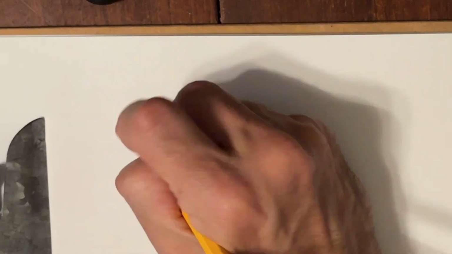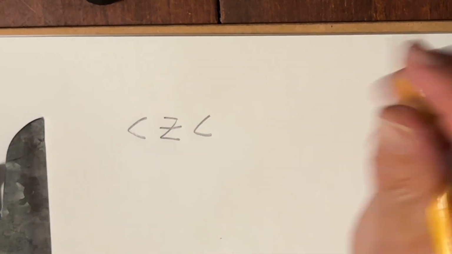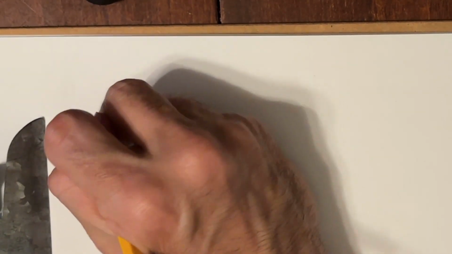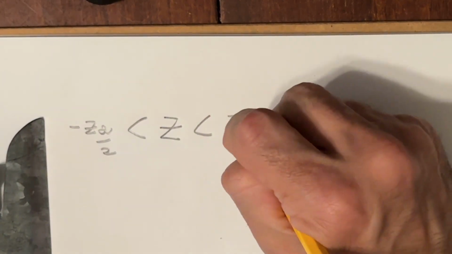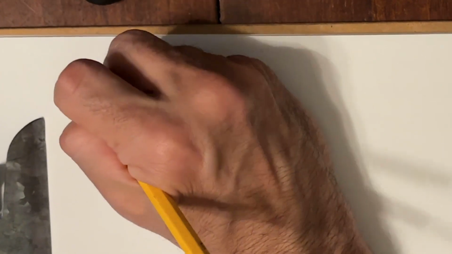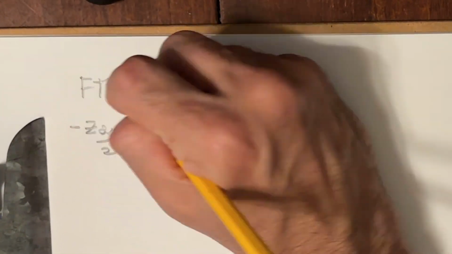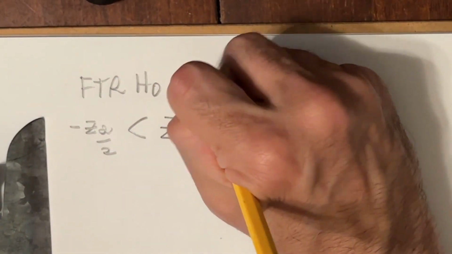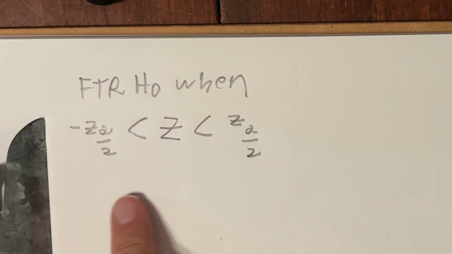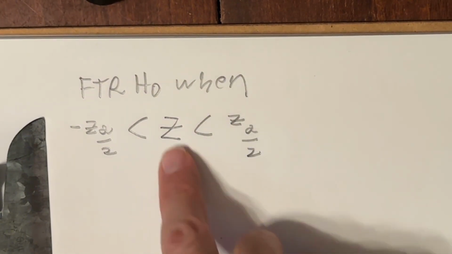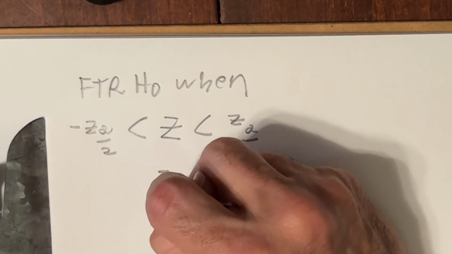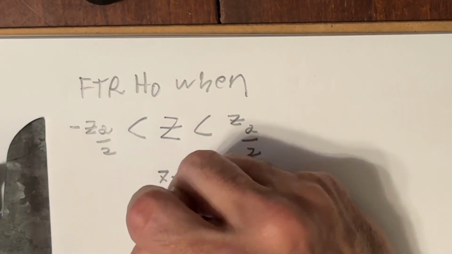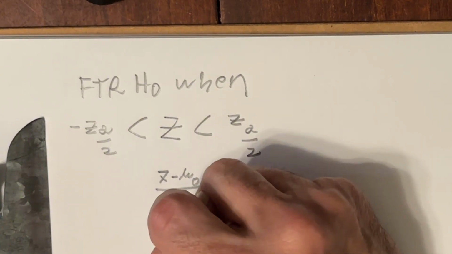So we have z is between negative z sub alpha over 2 and positive z sub alpha over 2. And this is where we fail to reject the null hypothesis. And we already put in the fact that this z is x bar minus mu naught over sigma sub x bar.